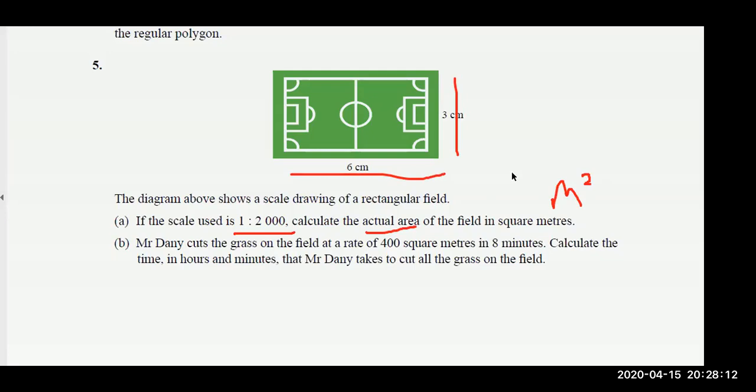So the first thing you need to do is what? You need to change this 3 cm to meters. To become meters, you divide by 100, right? So equal 0.03 meter. This one 0.06 meter.